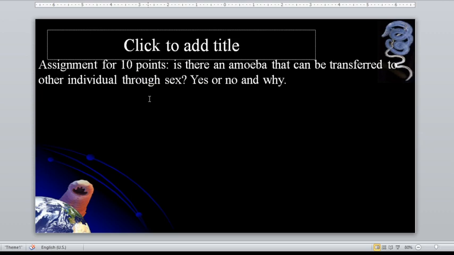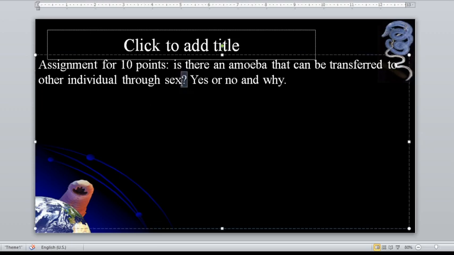Assignment for 10 points, guys. Is there an amoeba that can be transferred to another individual through sex? We are not referring to Trichomonas vaginalis, because that is not an amoeba.